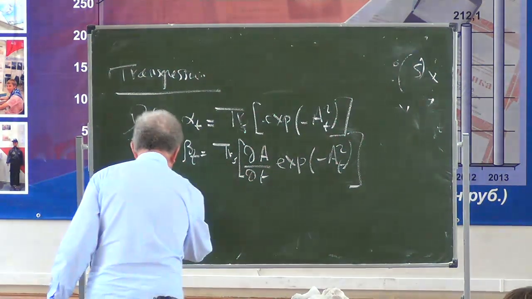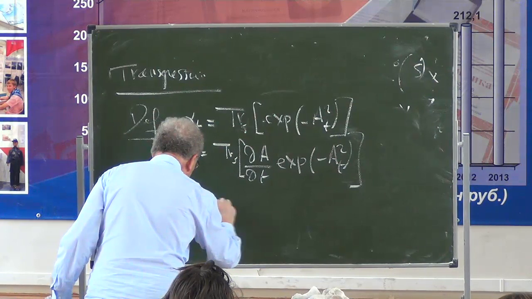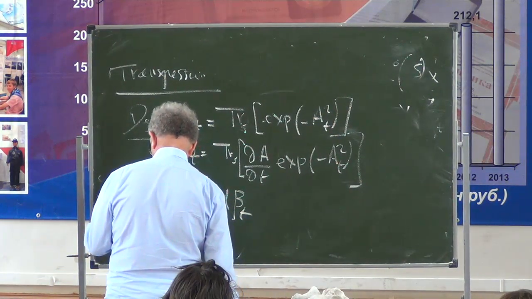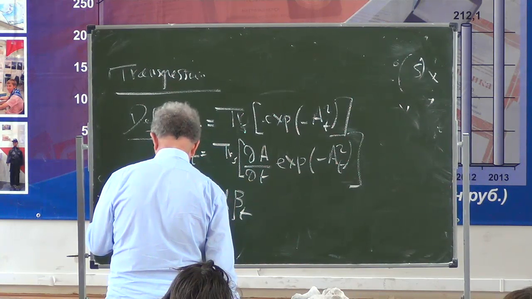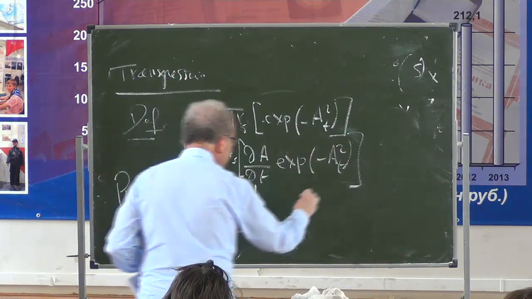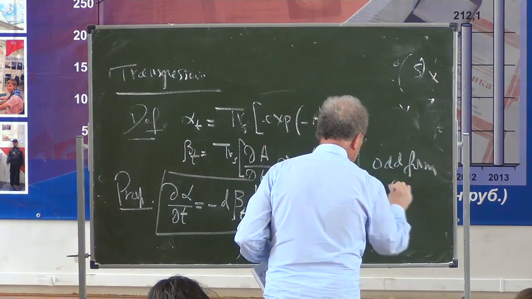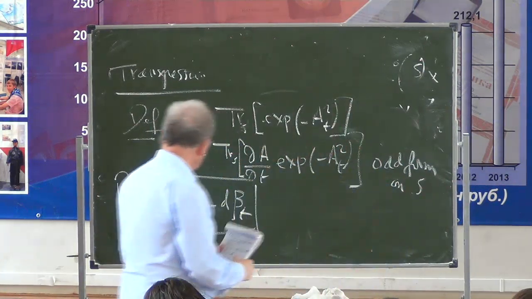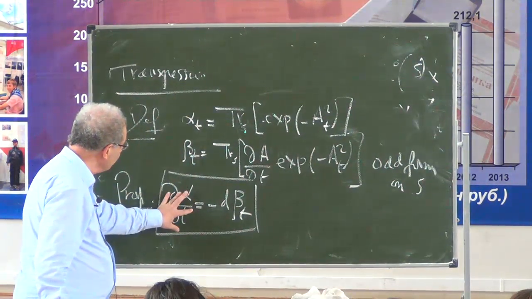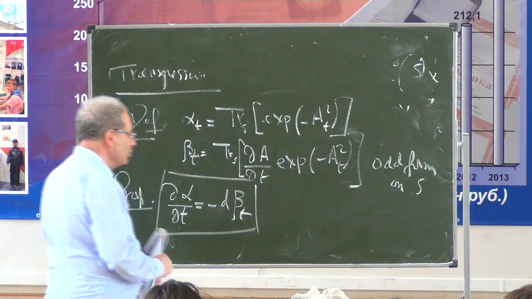We have d alpha over dt equal to minus d beta t, where beta t is a real odd form on the base. So this identity expresses the fact that the cohomology class of alpha t does not depend on t, but it expresses it in an explicit way.